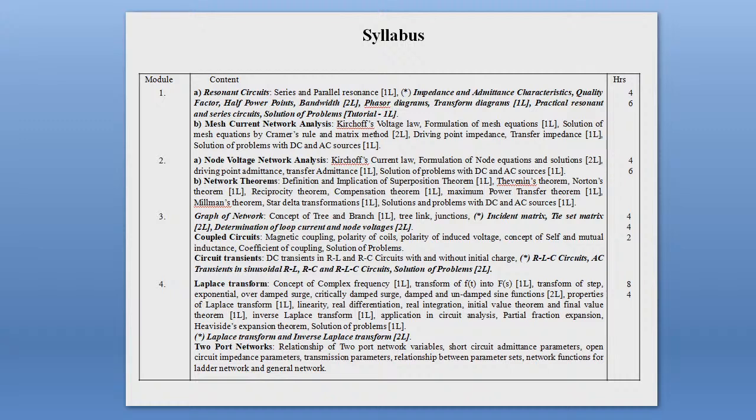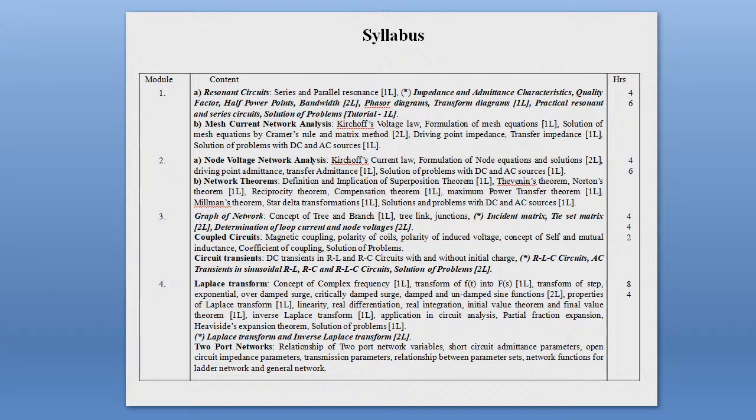Please see the syllabus of this course, Network Theory. You see that there are 4 sub-modules. First module is related to series and parallel circuits. Second module discusses different theorems including Kirchhoff current law and voltage law.